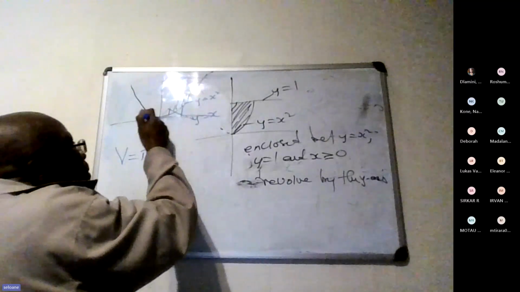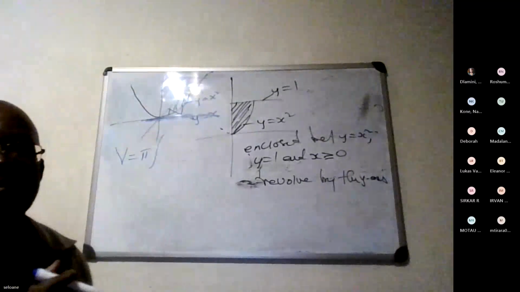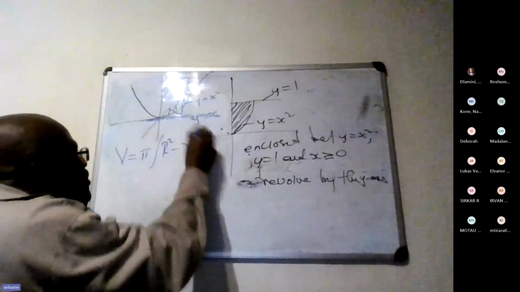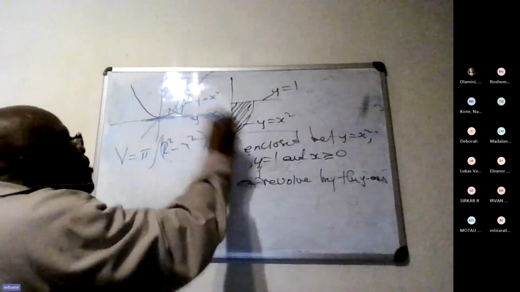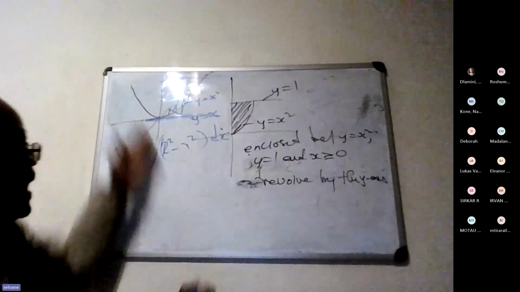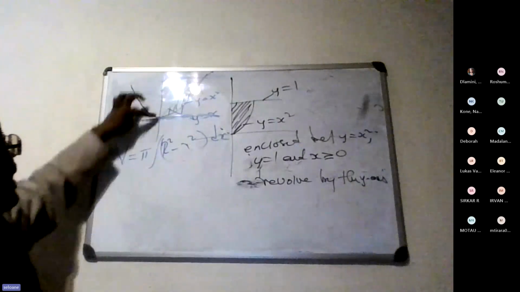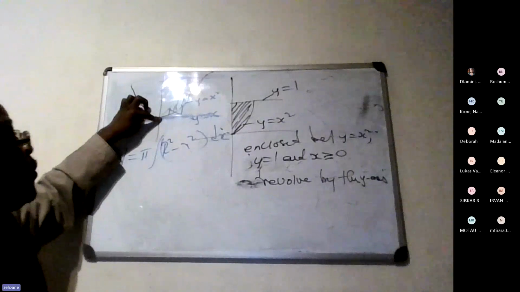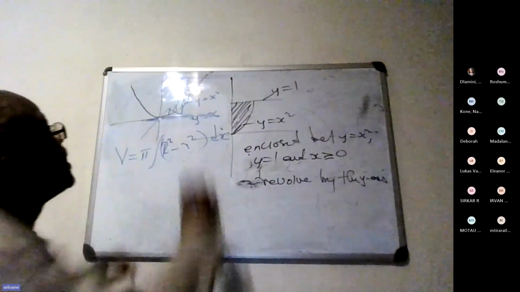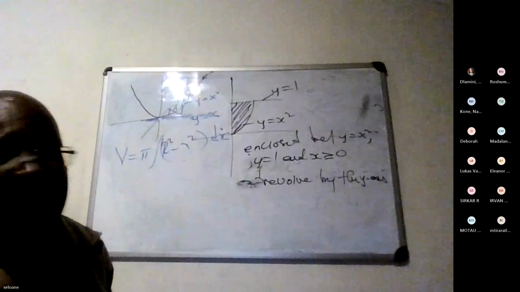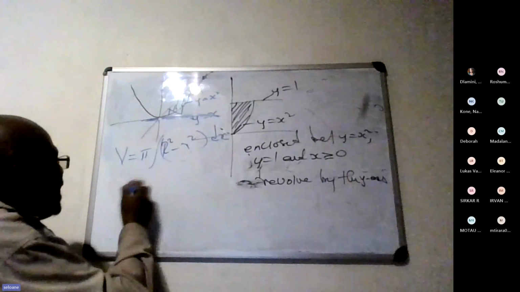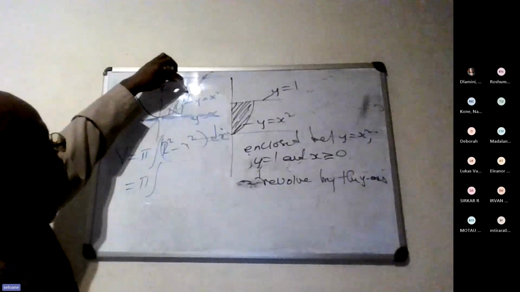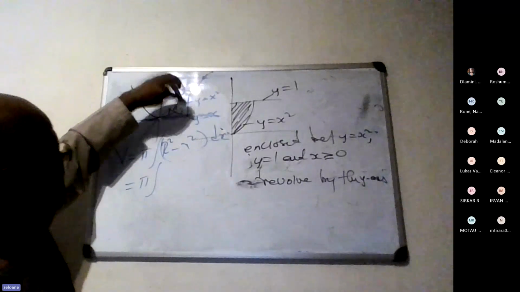So let us just say we're spinning it by this line. It will now be pi times the integral of capital R squared minus small r squared, with respect to x. Capital R is y here minus y here.